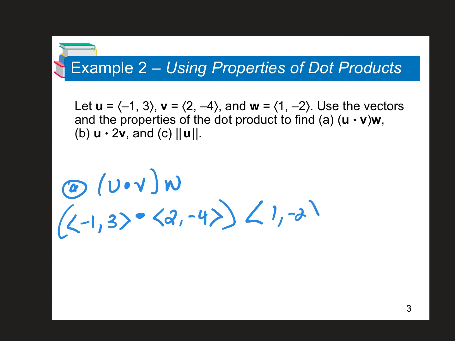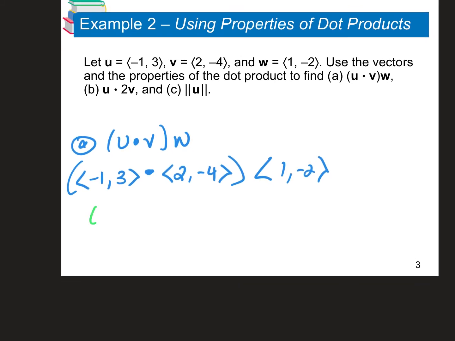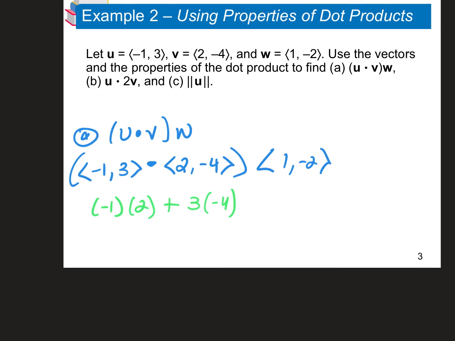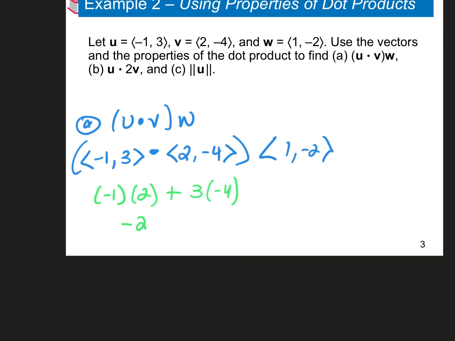So let's find the dot product first. How do I find dot product again? The first times the first, so -1 times 2, plus 3 times -4. Agreed? -2 plus 3 times -4 is -14.